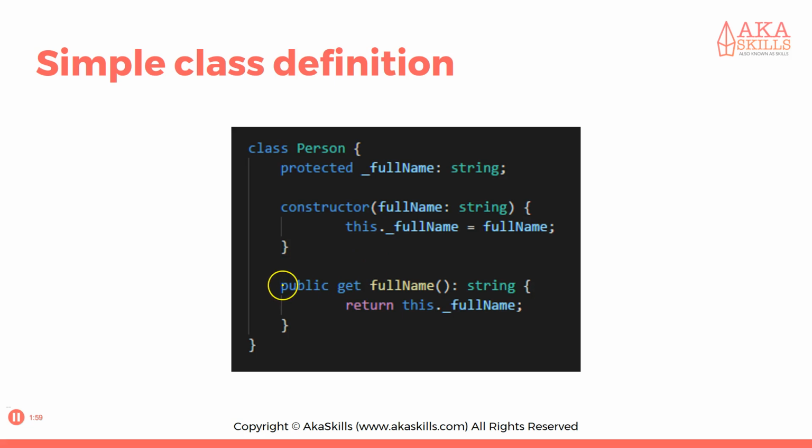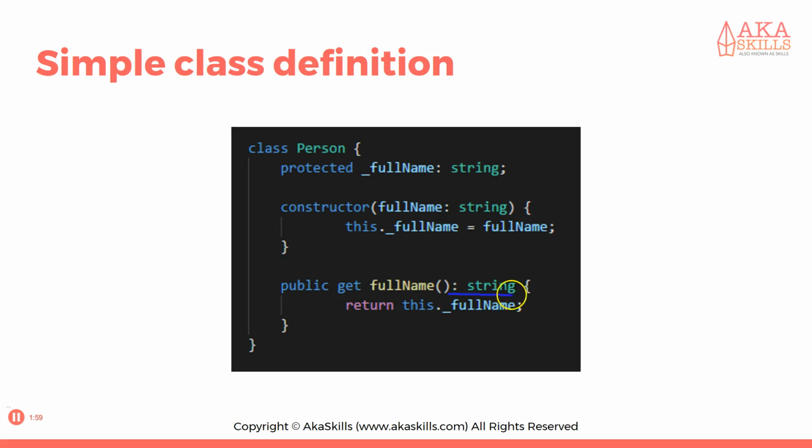After that, I define a method, and actually, sorry, I define a property. What I'm saying, first I'm placing my access modifier, which is public. Then I'm saying get, because I want to have this get property. And I'm saying get fullName and empty brackets. So anytime when you access person.fullName, you go inside this get.